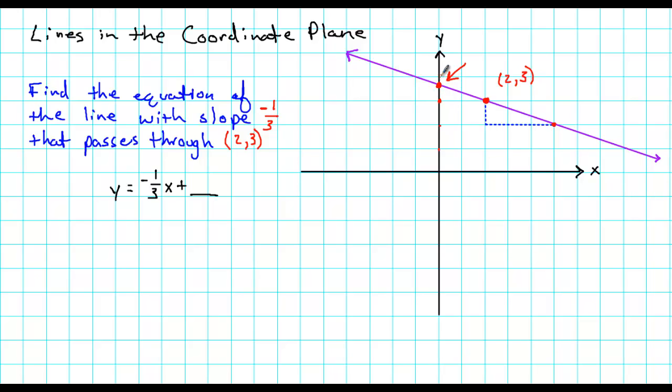So the best I know is that my y-intercept right here, the number that I need to write here, is more than 3 and less than 4. So if this was multiple choice, I might be able to kind of educated guess my way to it. But I'm not going to be able to do that here because I just need to write the number in that blank. So what we're going to look at today is how we do that.